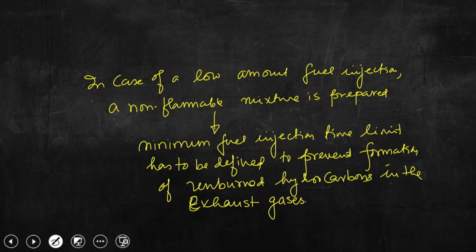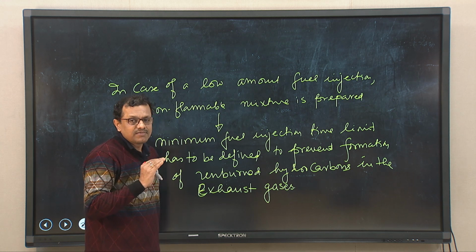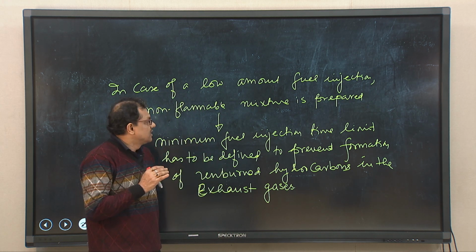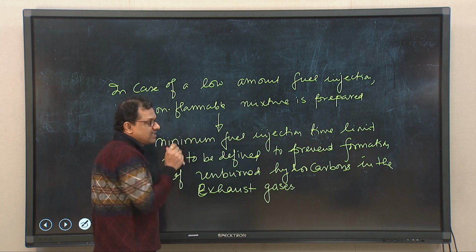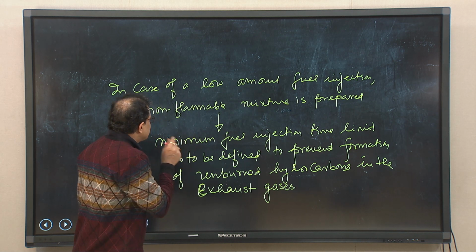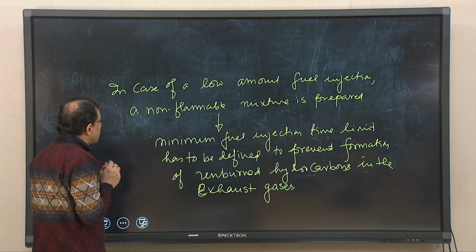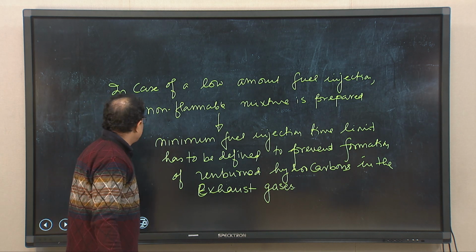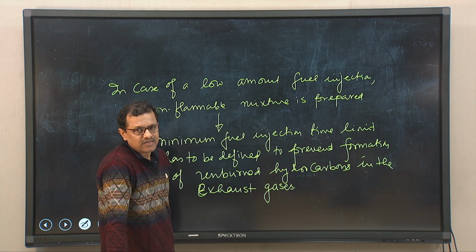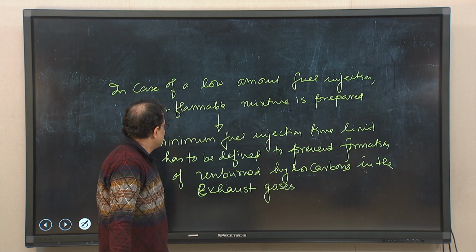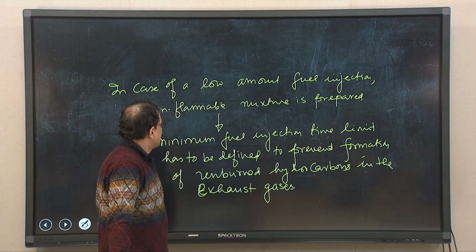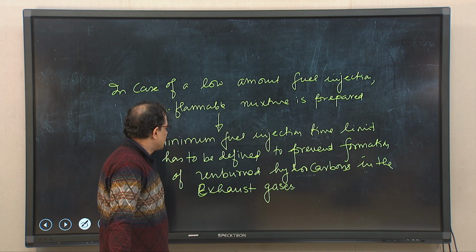So, let me tell you one thing, why do we need to have some corrections over the first step, because if we do not do all these corrections, certainly if the fuel injection time is not proper, so if the amount of fuel injection is low, then what will happen, a non-flammable mixture is prepared, right. So, basically it is not stoichiometric. So, the minimum fuel injection time limit has to be defined to prevent formation of unbound hydrocarbons in the exhaust gas.